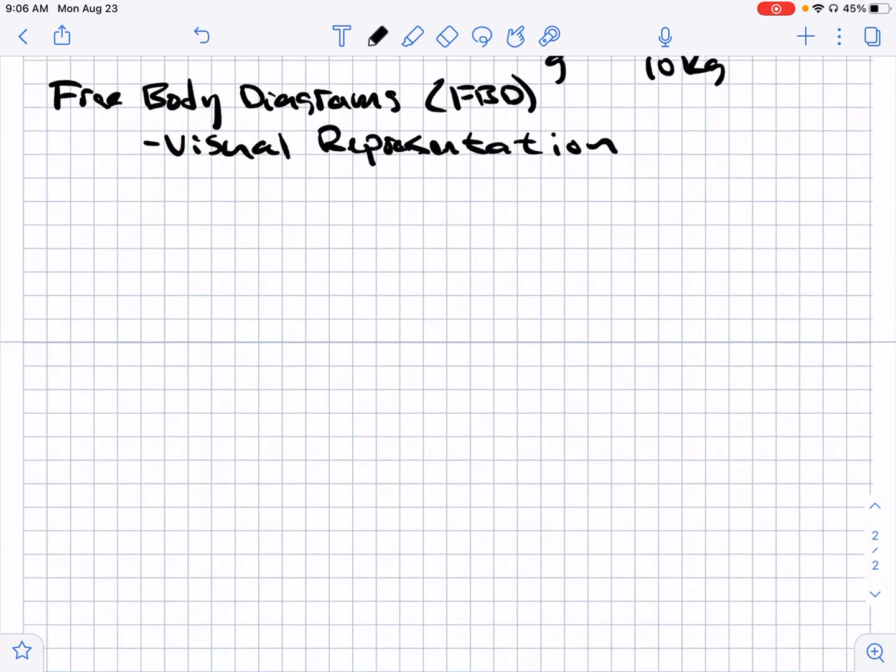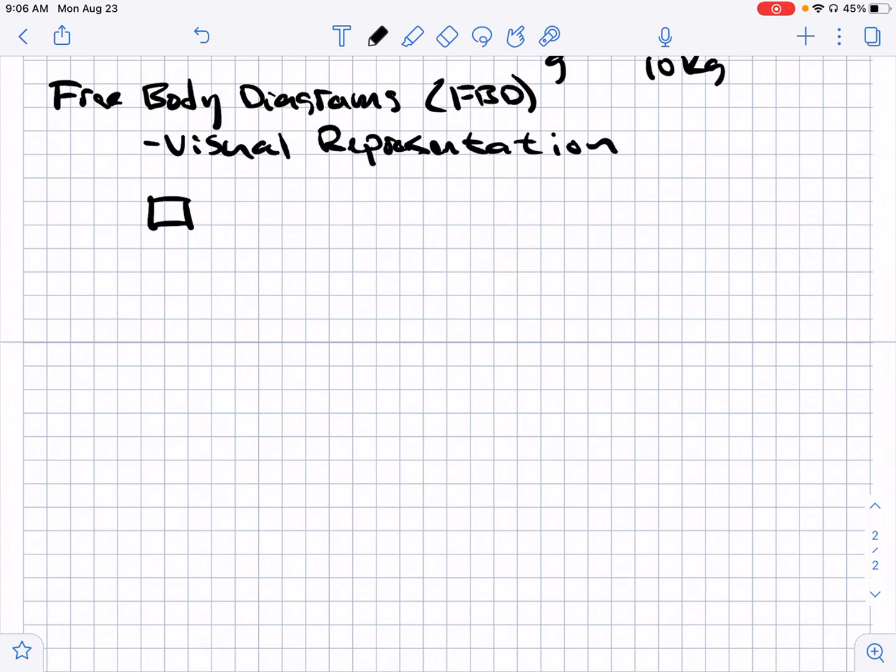So let's say, for example, I have a water bottle that's just sitting on the desk, and I want to draw a free body diagram of that water bottle. Now, we mentioned in the last video, we don't have to actually draw the water bottle for the object. Instead, we'll just draw a box. Okay, so here's my water bottle, and it's sitting there on a table.